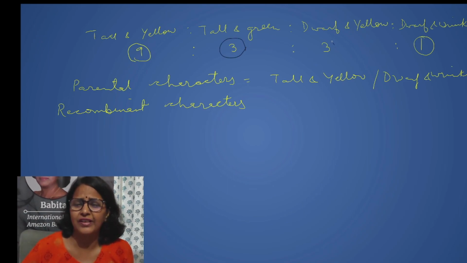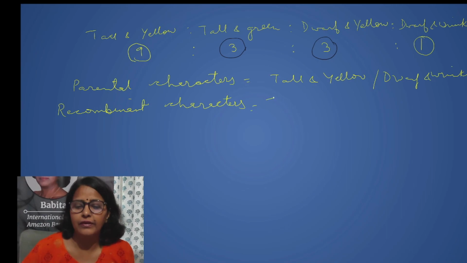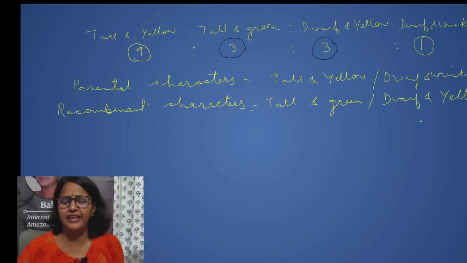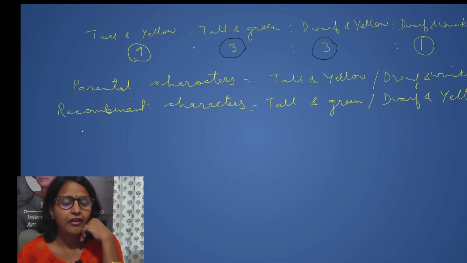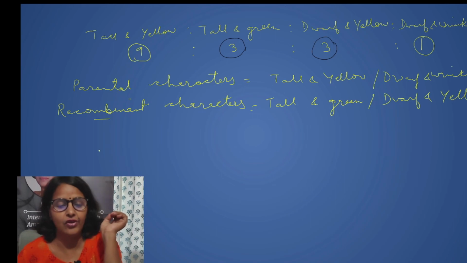What are those? These 2 are new characters that we got. So tall and green and dwarf and yellow. These are recombinant characters that we got. From where did we get this recombinant character? This is what law of independent assortment is all about.